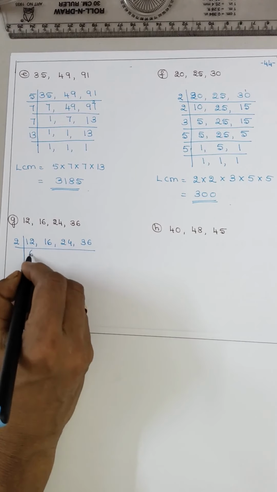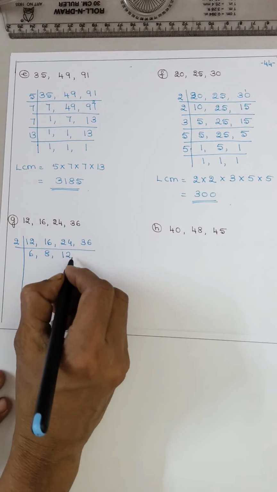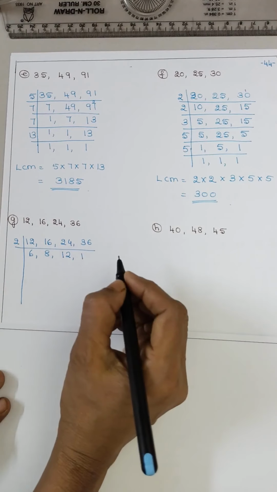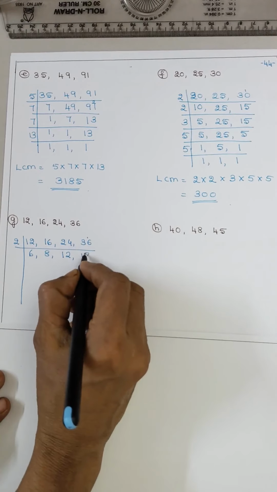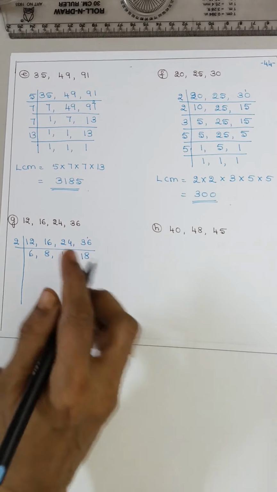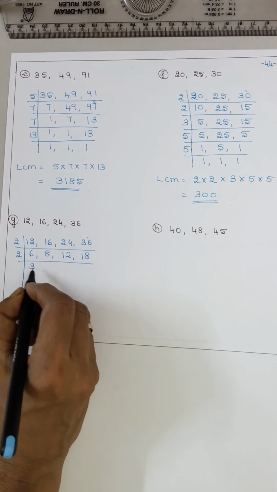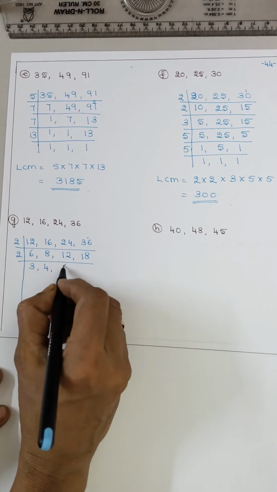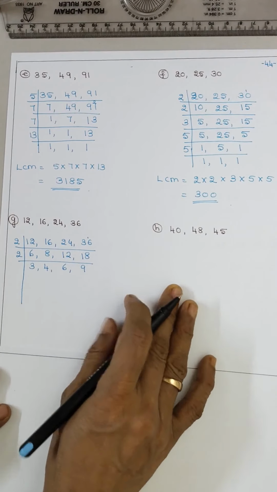Divide by 2: 6, 8, 12, 18. Again 2: 3, 4, 6, 9.